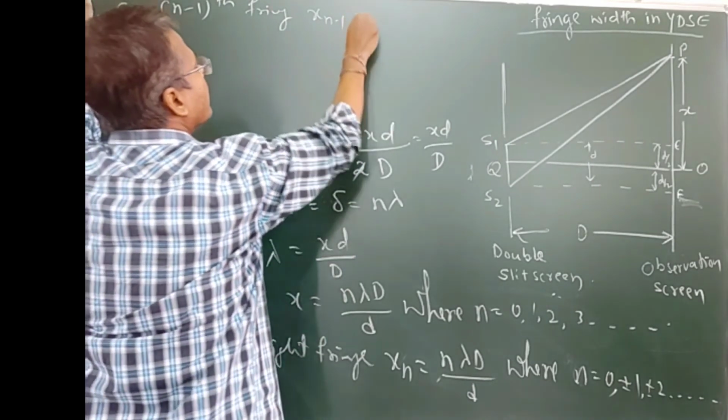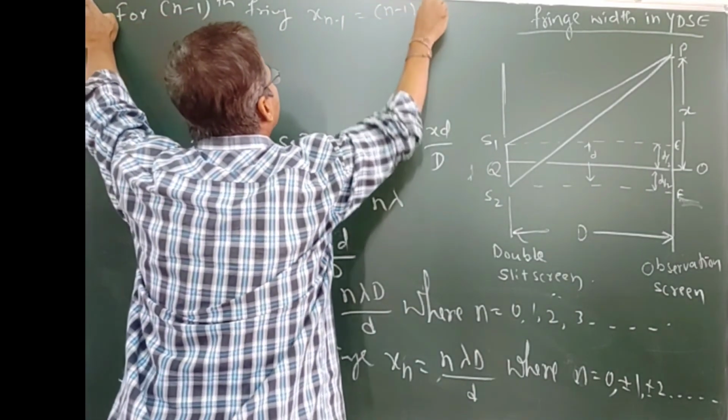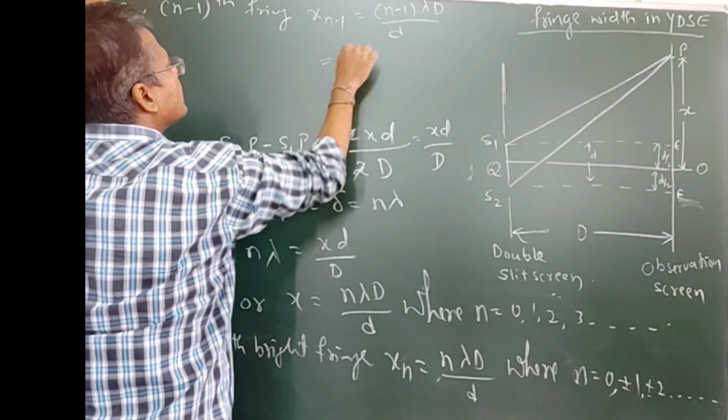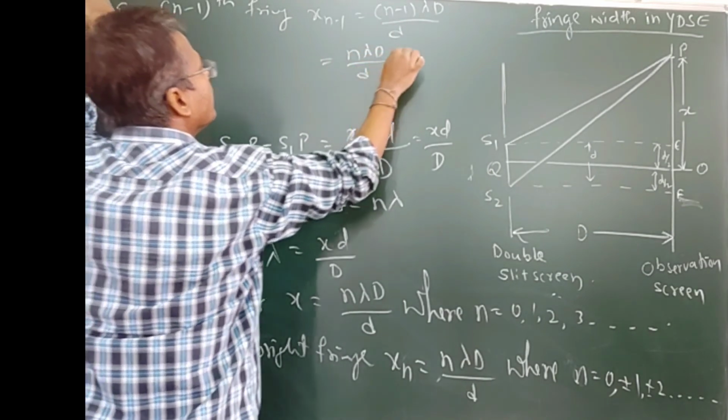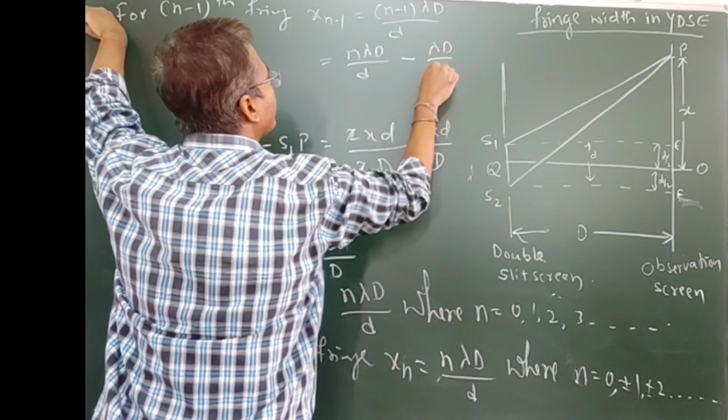Here we substitute the value of xn minus 1 as (n minus 1) lambda D divided by small d. So that is n lambda D divided by small d minus lambda D divided by small d.